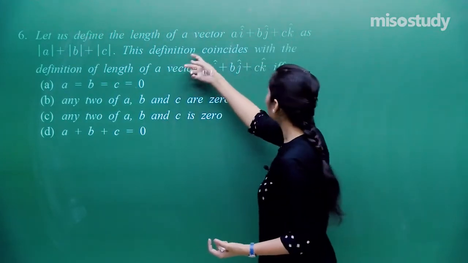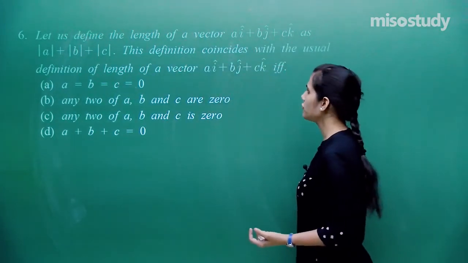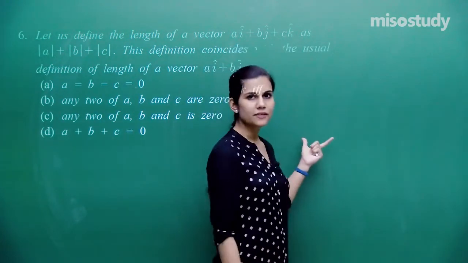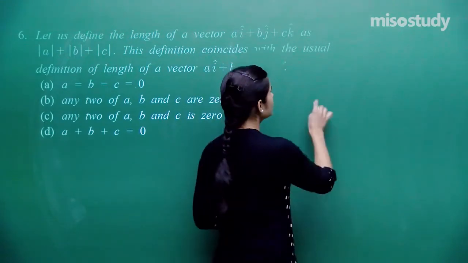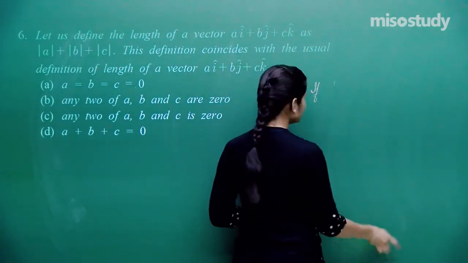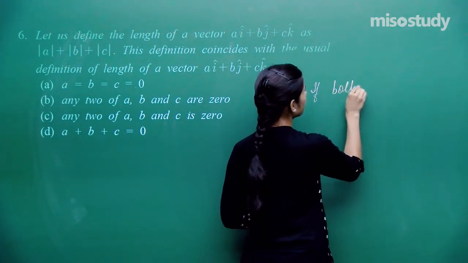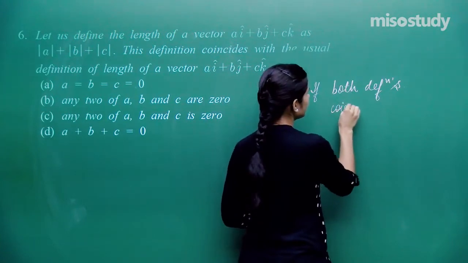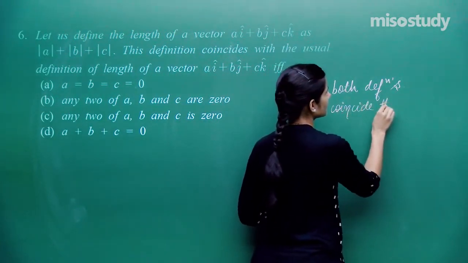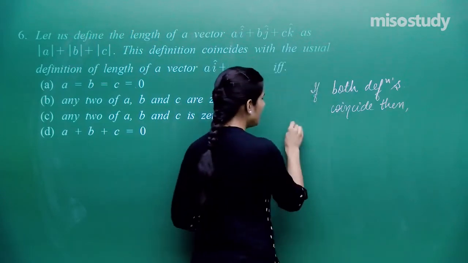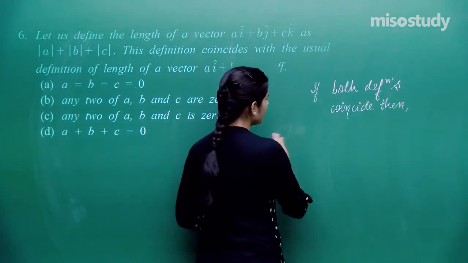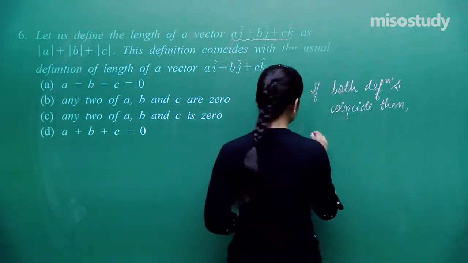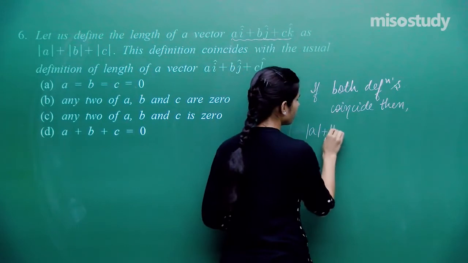It is saying that this definition coincides with the usual definition of length of a vector if and only if. So suppose that both these definitions are coinciding. So if both definitions coincide, then magnitude of this vector a i cap plus b j cap plus c k cap from the first definition is mod a plus mod b plus mod c.